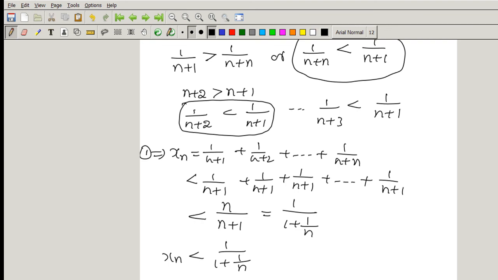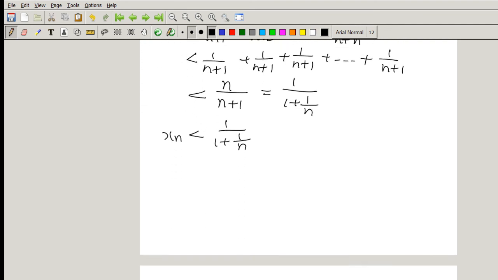which is nothing but, can we write it as xn is less than 1? Because the denominator quantity is greater than the numerator. This n belongs to natural numbers. If n belongs to natural numbers, 1 by n is always greater than 0.